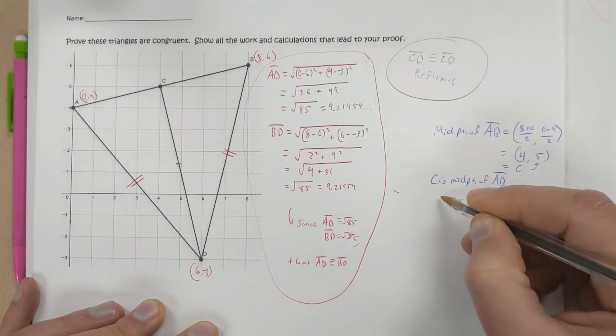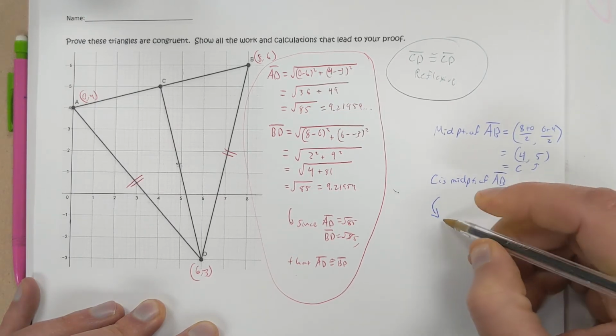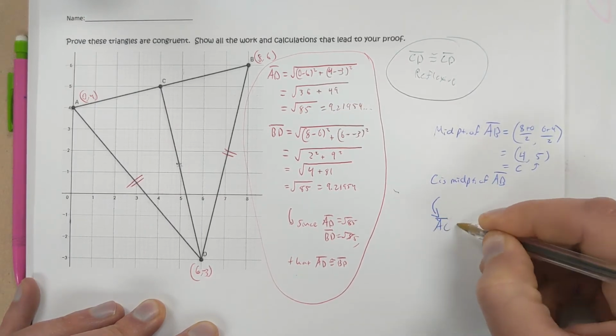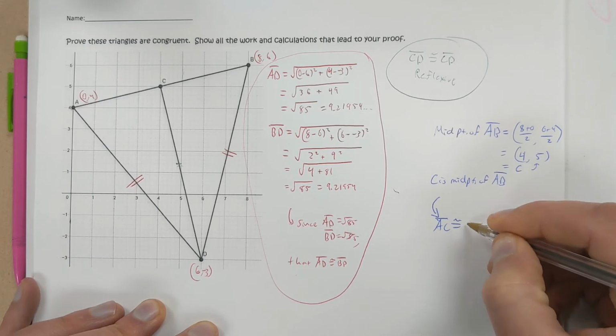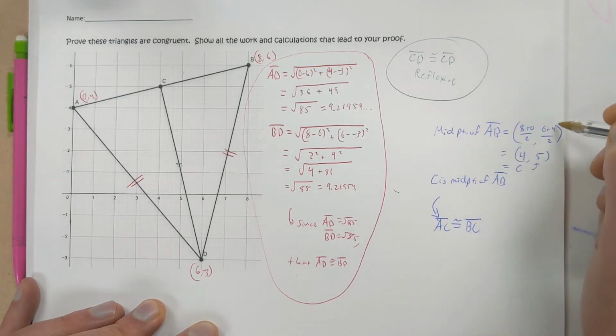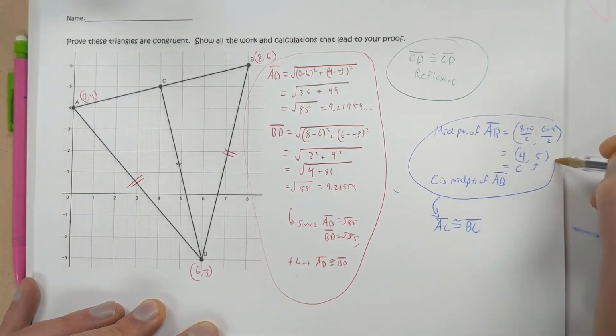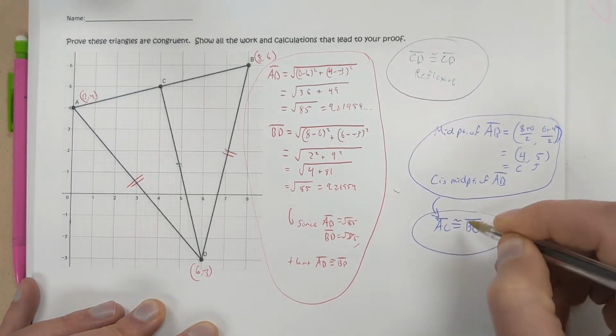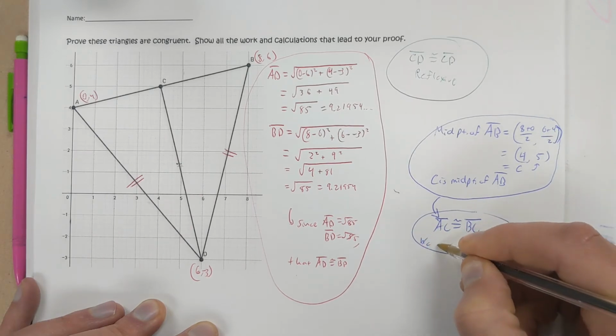So now that I know C is the midpoint, I can say AC has to be congruent to BC, because C is the midpoint.